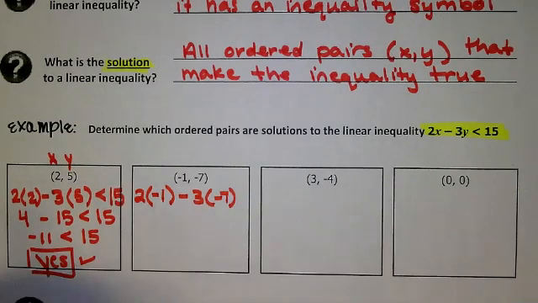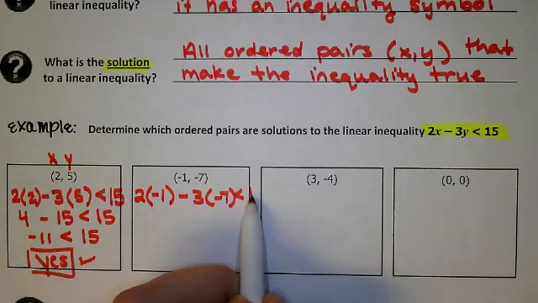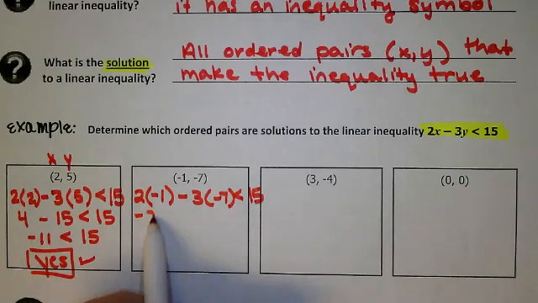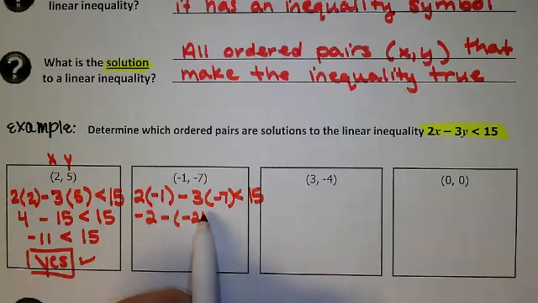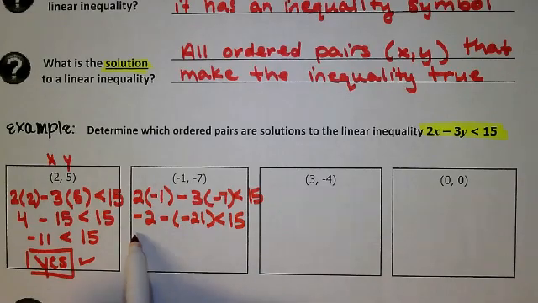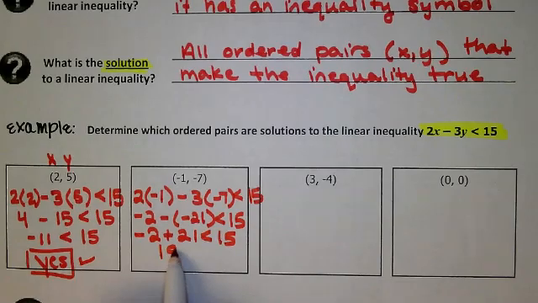We're determining if it's less than 15. Negative 2 minus negative 21. Hopefully you recognize that a negative next to a negative turns into a positive. So we have negative 2 plus 21. Is that less than 15? 19 is less than 15. That is not true. So we would say no.